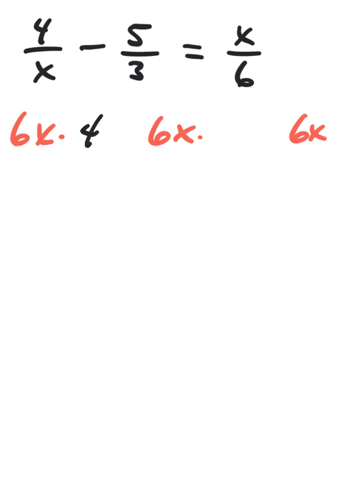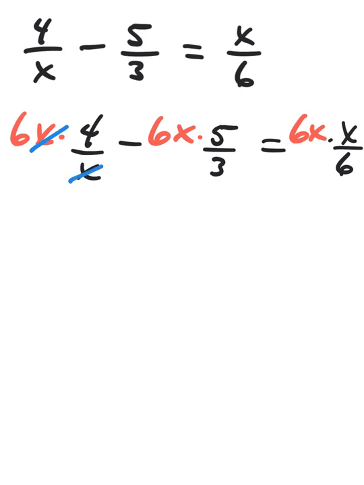Okay, so we have 4 over x minus, this one will be a 5/3, and x over 6. In the first group, your x's cancel, leaving a 24, 6 times 4.